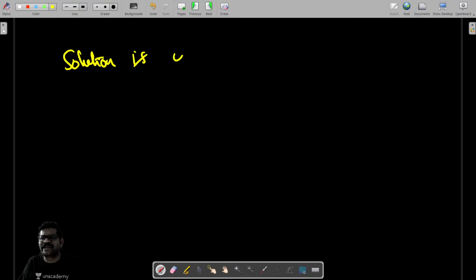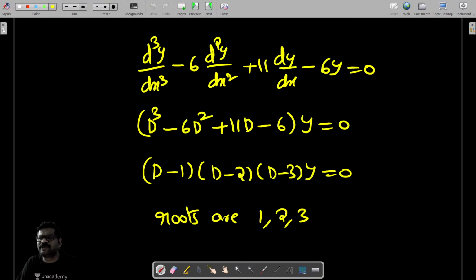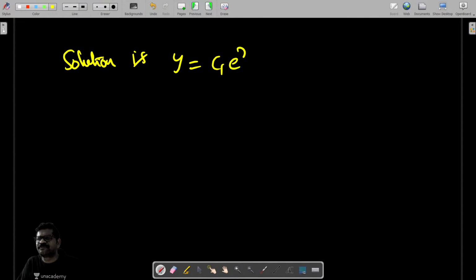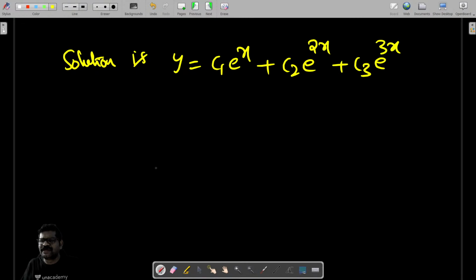Therefore the solution is y is equal to c1 e power x plus c2 e power 2x plus c3 e power 3x. Independent solutions are nothing but coefficients of arbitrary constants.